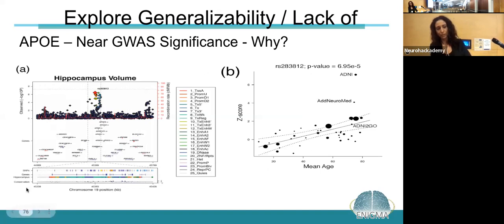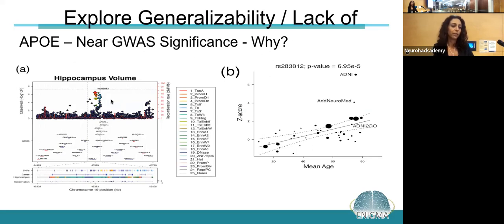In this GWAS of the hippocampal volume, we noticed something about ApoE. Many of you will be familiar with the ApoE genotype. It's one of the biggest risk factors for Alzheimer's disease and dementias, and it's one of the only common genetic variants substantially associated with a complex neurological or psychiatric disorder.